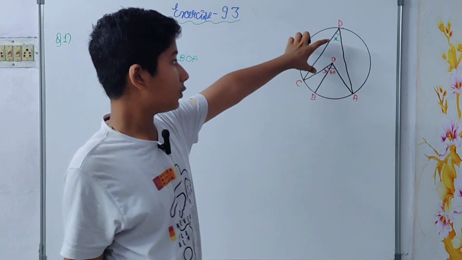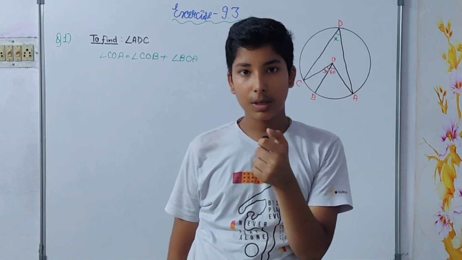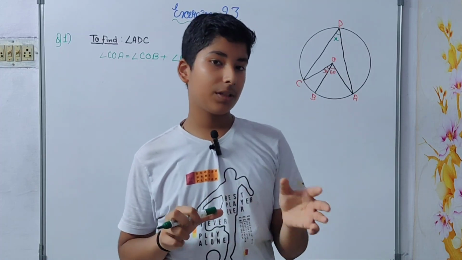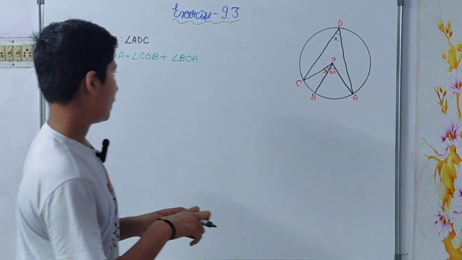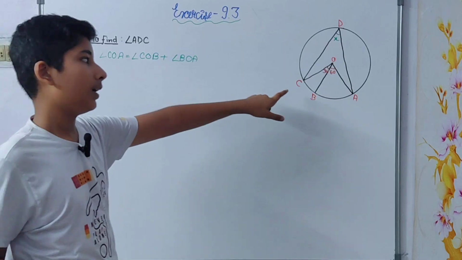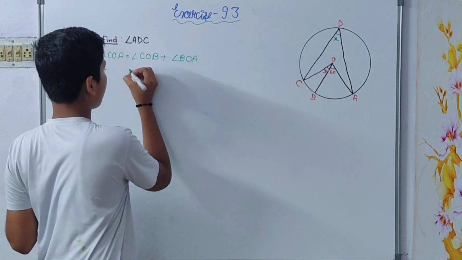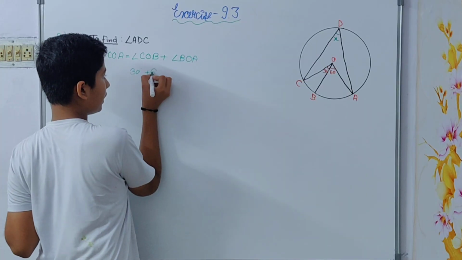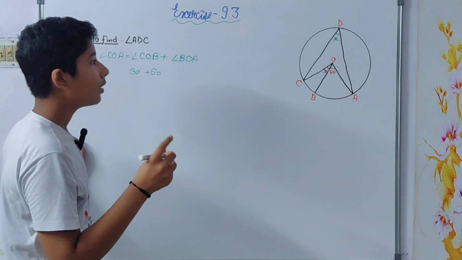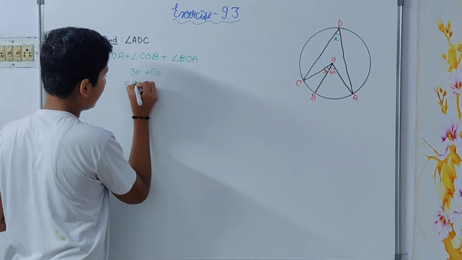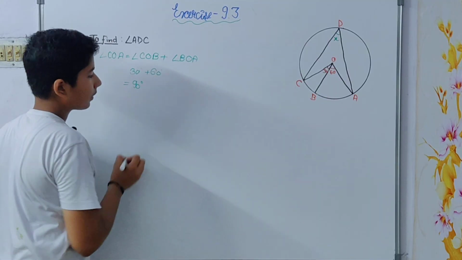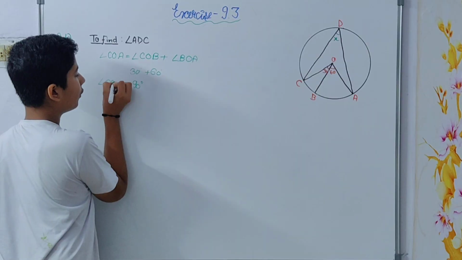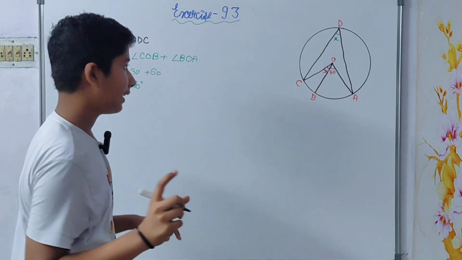I hope you have understood what we have to do in this question. So COB plus BOA means 30 degrees plus 60 degrees. 30 plus 60 is 90 degrees. So angle COA is equal to 90 degrees.